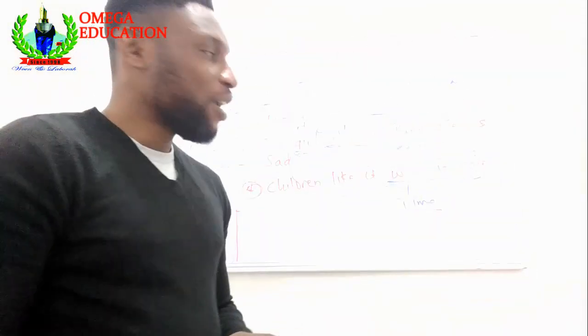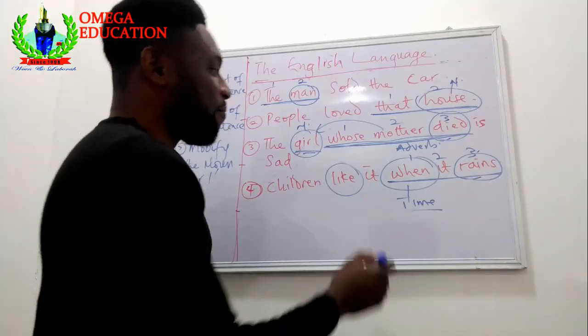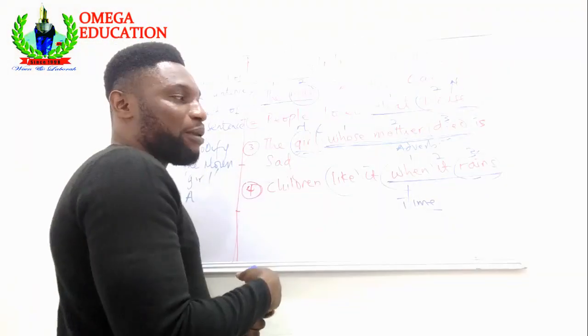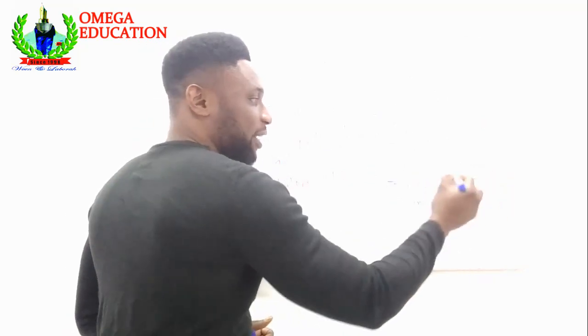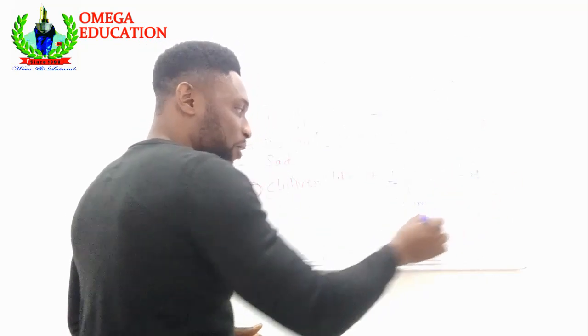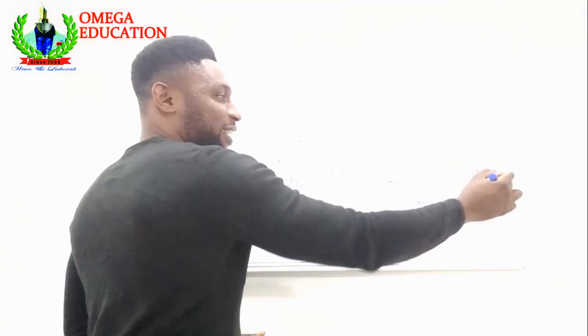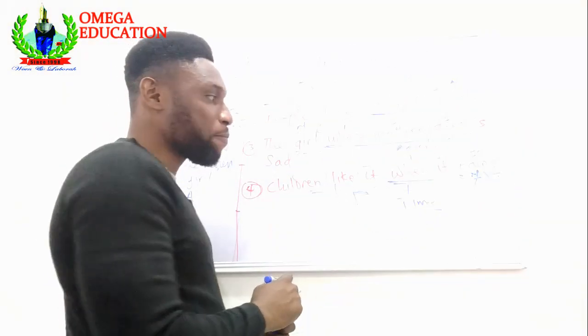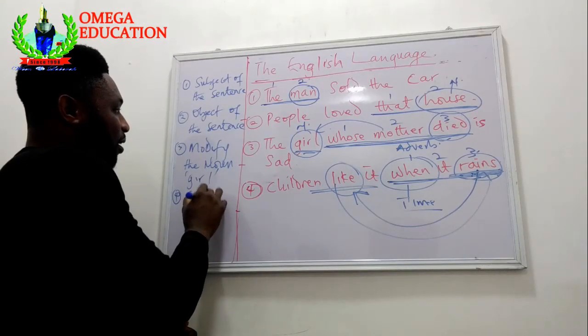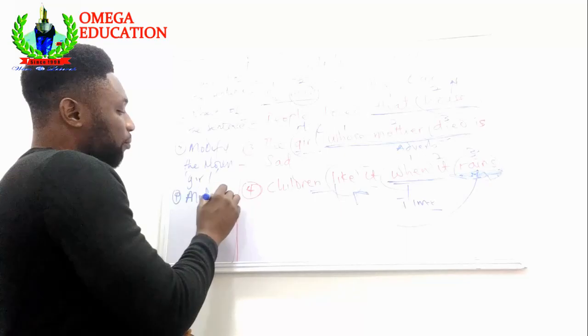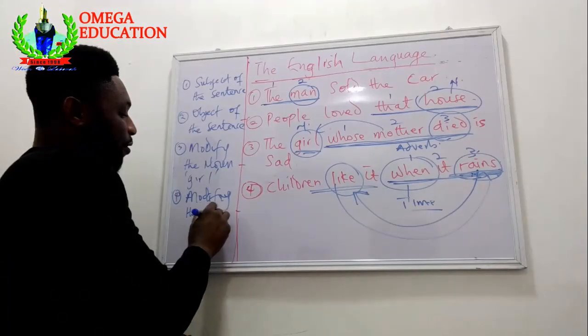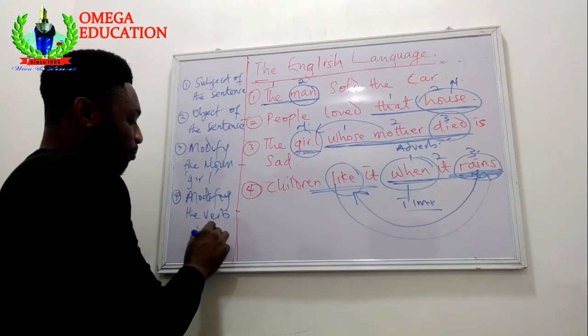Remember I told you, once you have two verbs, the verb that is not underlined will be the verb that is being modified. Since we have rains underlined here, it means this will now modify this. For instance, if this was underlined, then it would modify that. Okay, so since this is underlined there, the answer would be modifies the verb like.